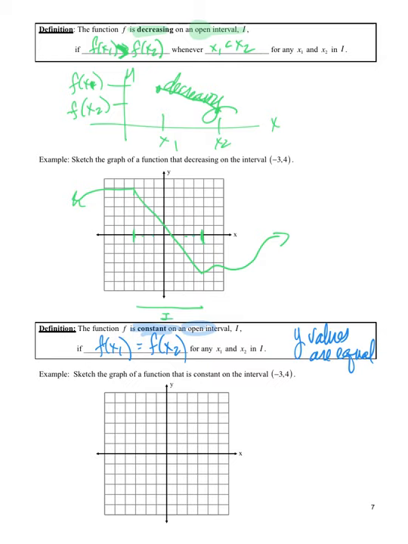So if I want to graph a function that is constant on this interval, here's my interval. For it to be constant on this, well, that's an example in itself. There's constant, right? The change of y doesn't change. I mean, our function y values don't change.